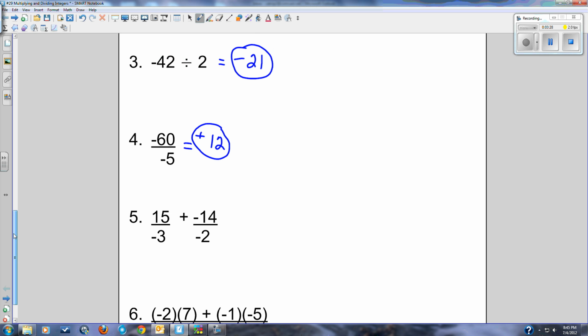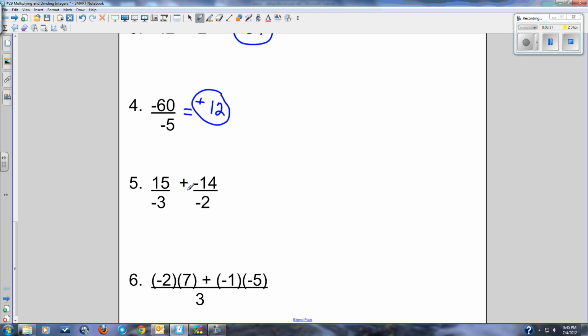Let's move on to our last two problems. We have 15 over negative 3 plus negative 14 over negative 2. According to our order of operations, we have to do the division first. So 15 divided by negative 3, a positive divided by a negative gives you a negative, and 15 divided by 3 is 5.